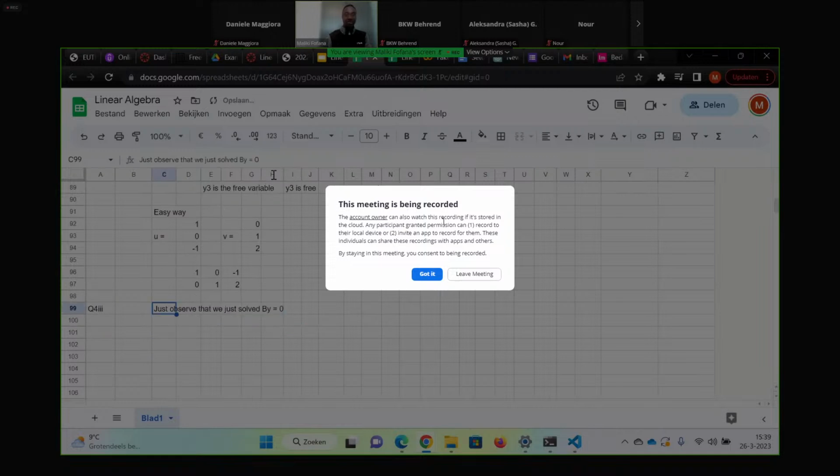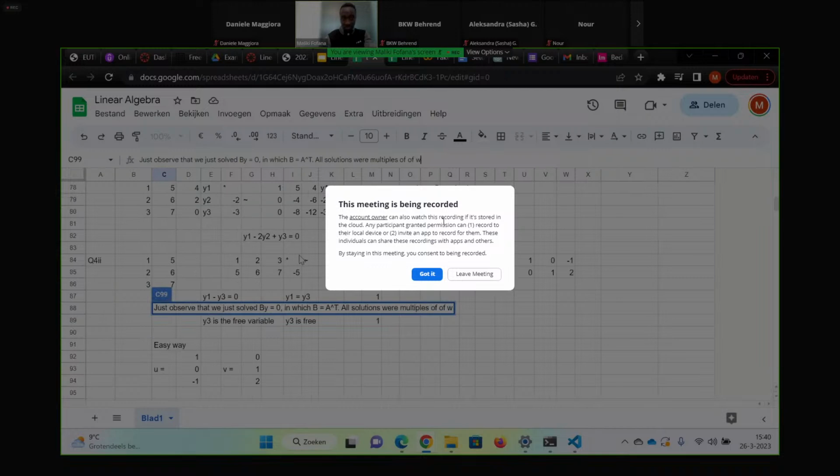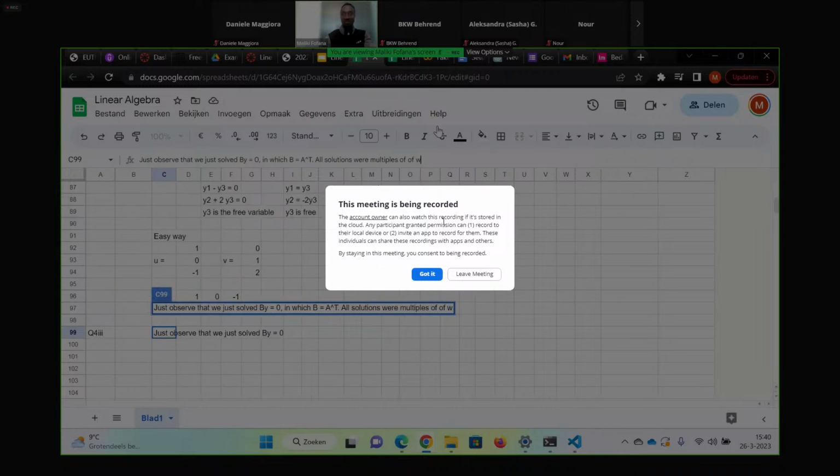So if we saw By equals 0, in which B was equal to A to the power of T, the transpose, all solutions were multiples of W, and the W I also showed you, this W, right?